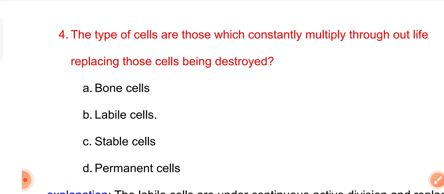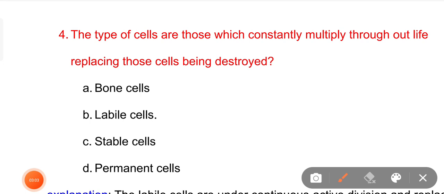The options are option A bone cells, option B labile cells, option C stable cells, option D permanent cells. The right option is option B.